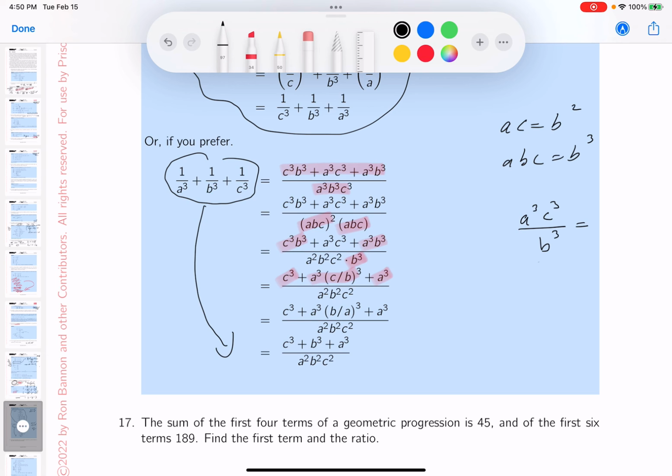And what do you get there? I have to be careful here, right? A cubed c cubed over b cubed. Let me write this down. A cubed c over b cubed.